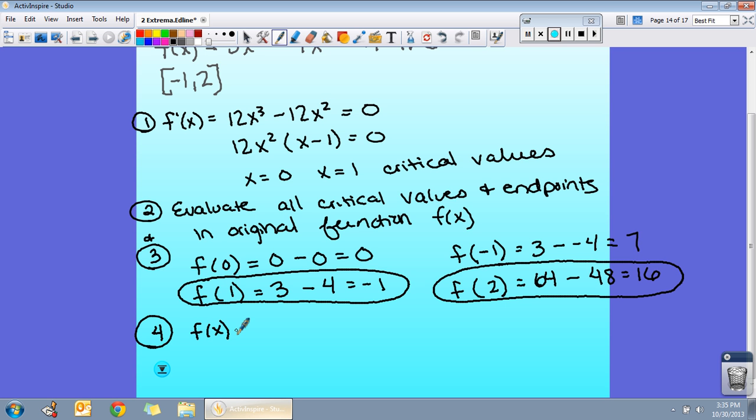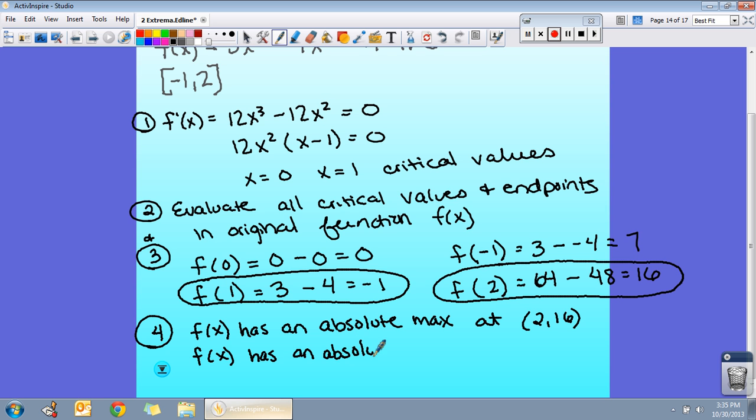F of x has an absolute maximum at, not x, I need a point, excuse me, at 2, 16, and f of x has an absolute minimum at 1, negative 1.